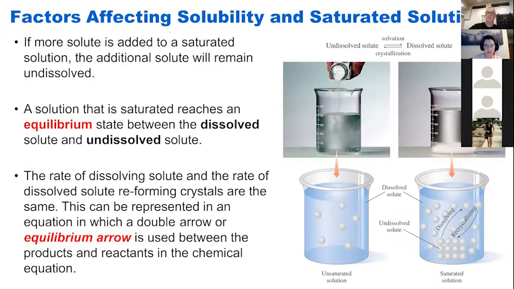If you look at the solution on the right, it's got a ton of salt or whatever it is, I think it's sugar, solid on the bottom, white crystalline, a whole bunch of it on the bottom. So what that means is basically that water can no longer dissolve any more solute. And so a saturated solution is one where if you add any more solute, it's not going to dissolve. It's just going to sink to the bottom.